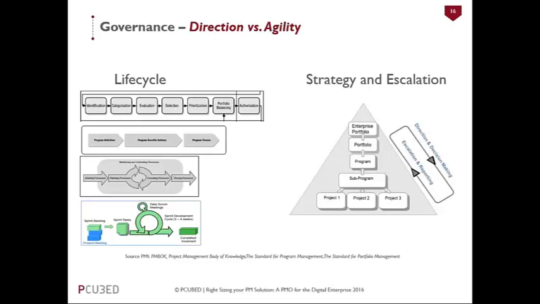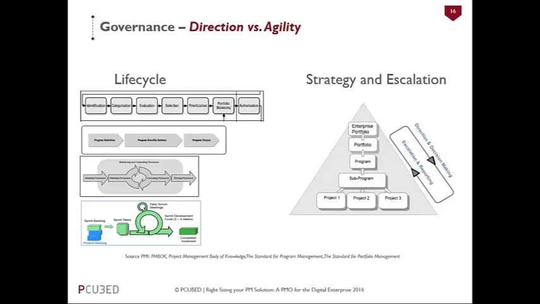And then also, how do you escalate issues or report current status of the project? How do you take that information from the lower level to the project level and roll that up to the powers that be to make them aware of where things are? So these are the two pieces of the governance components that you need to understand where you're currently at to help you right-size your project management solution.